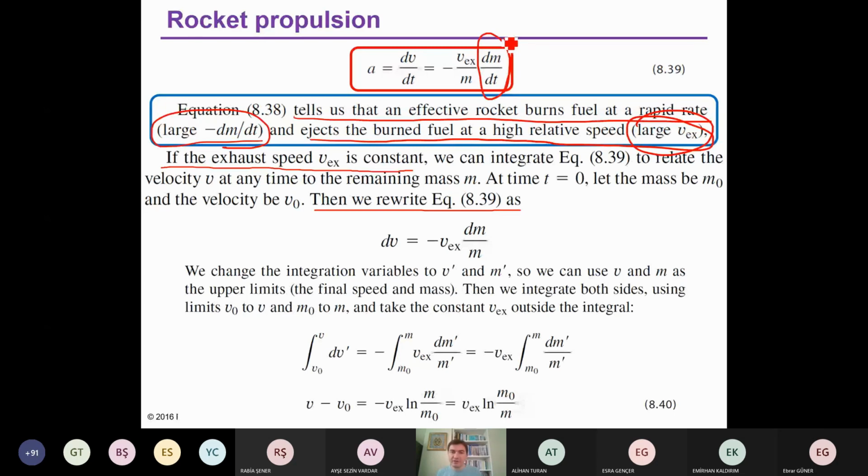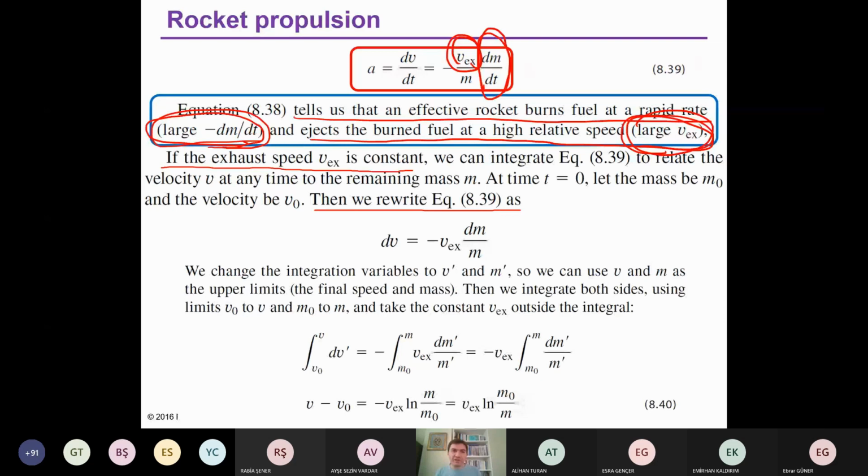Your motors, rocket engine should produce large Vx, and they should produce large minus dm over dt, then you can produce very fast, very powerful rockets, okay?